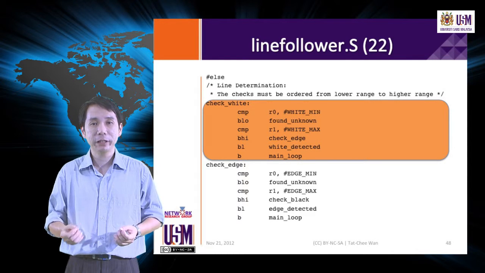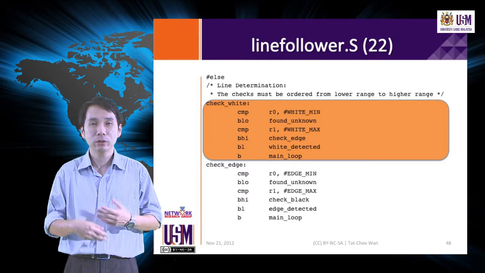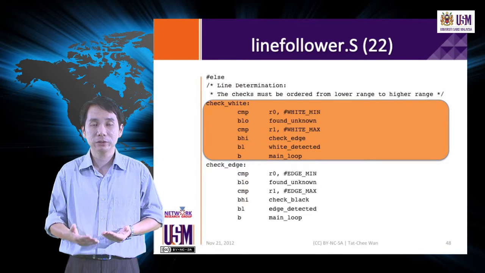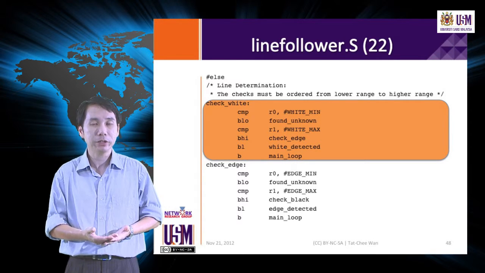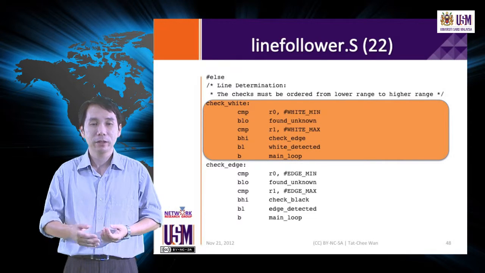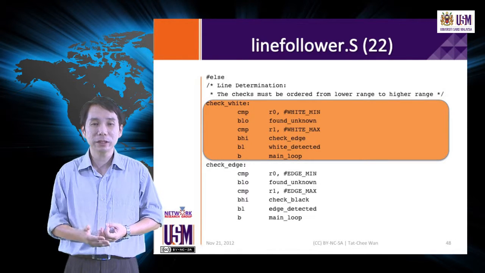Since we have retrieved the value for min into R0 and max into R1, we can now compare it against the range of possible values to determine whether we have a white, an edge, or a black detection. The first case, when we check against white, we will compare R0 to see if it is within the range of white min and white max.